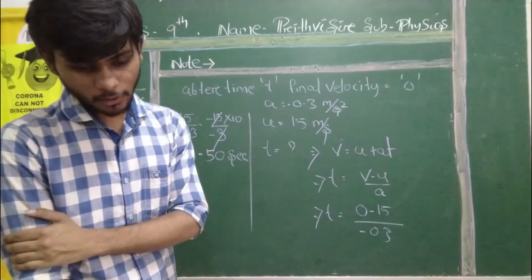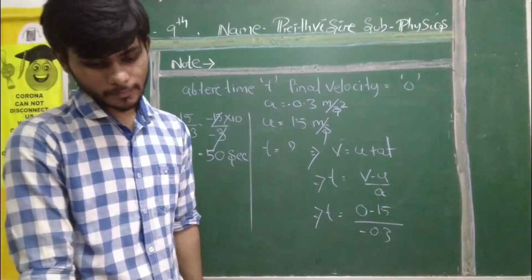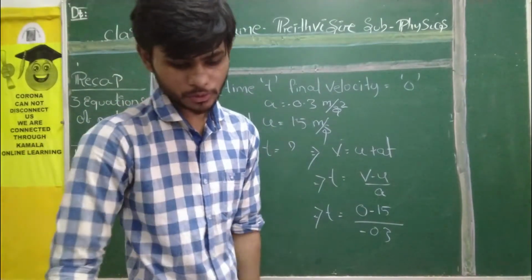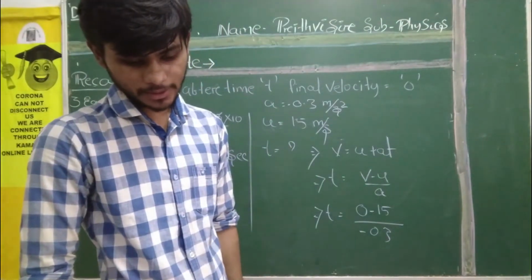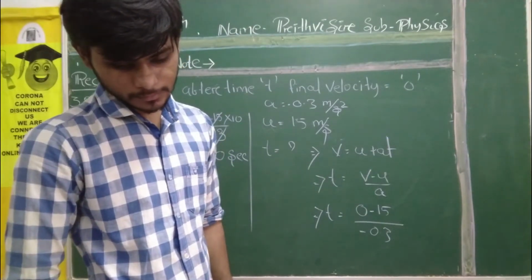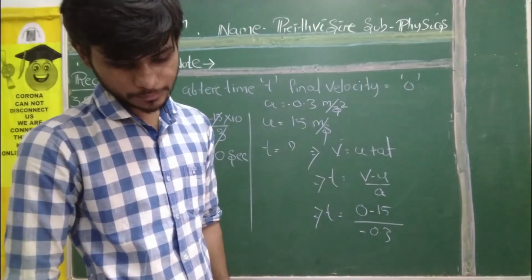Okay. Now S, the distance it will cover. S is equal to ut plus half at square, formulas would be there, but here he has tried u square minus 2a.